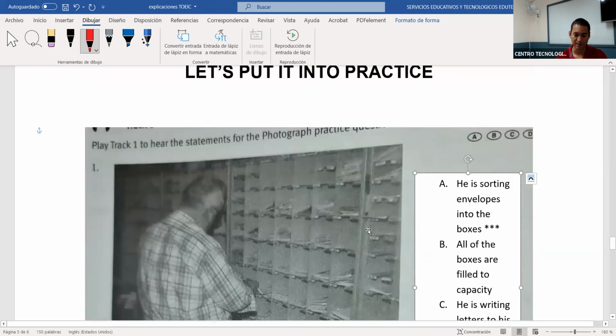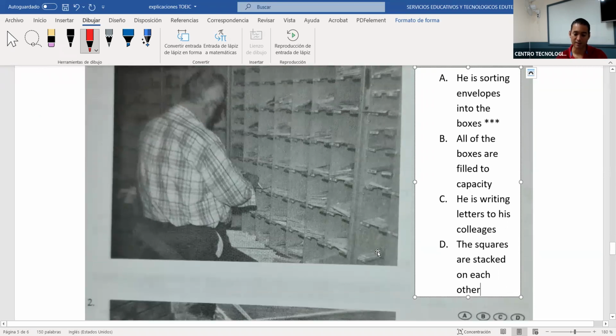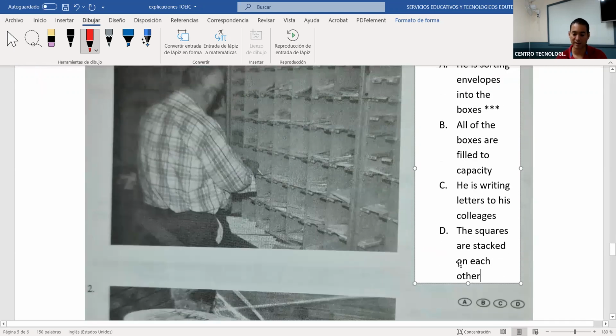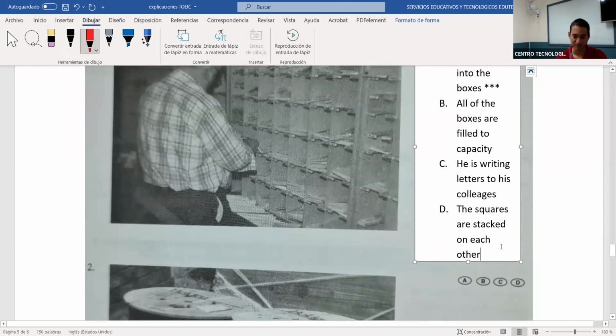Yeah, there are too many, actually. But for letter D to be valid or accurate, you should only have a single line of squares. The problem here is that you have more boxes. There are more lines or rows of squares. So letter D is not an option.